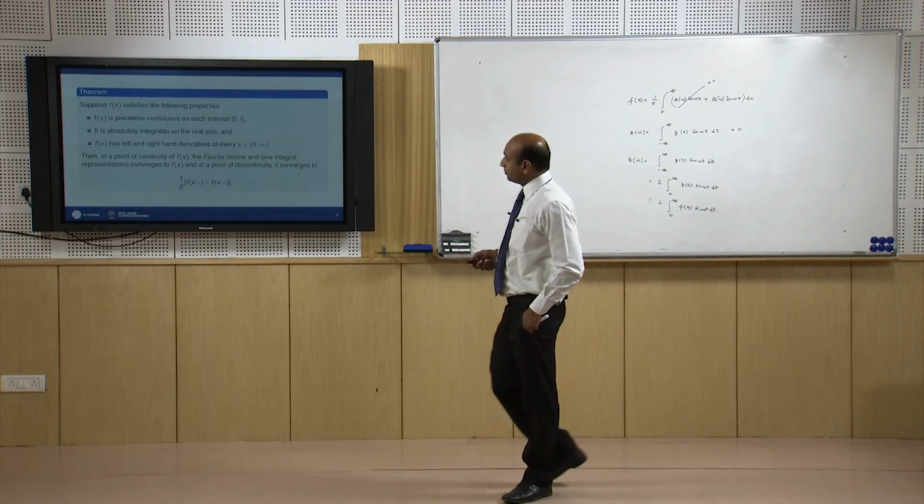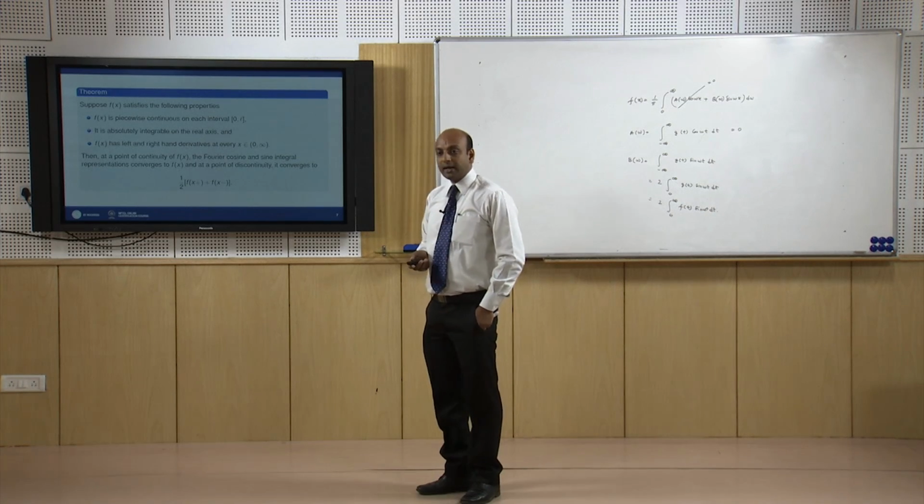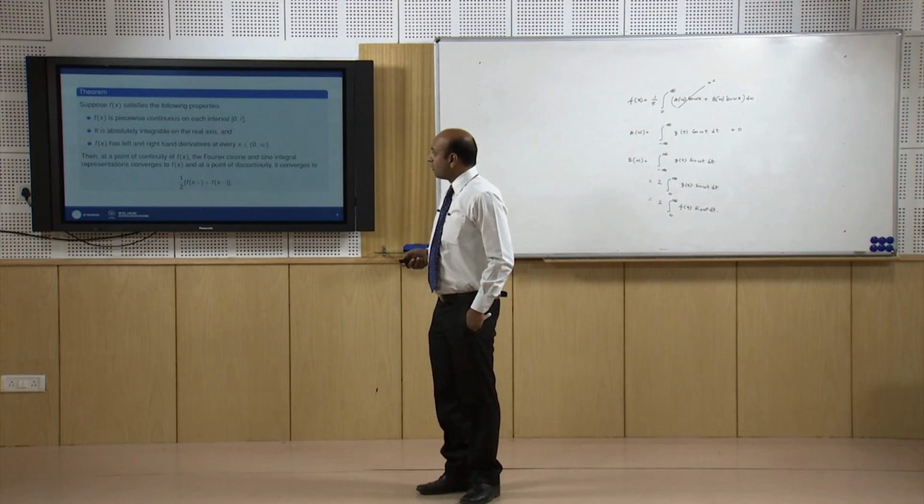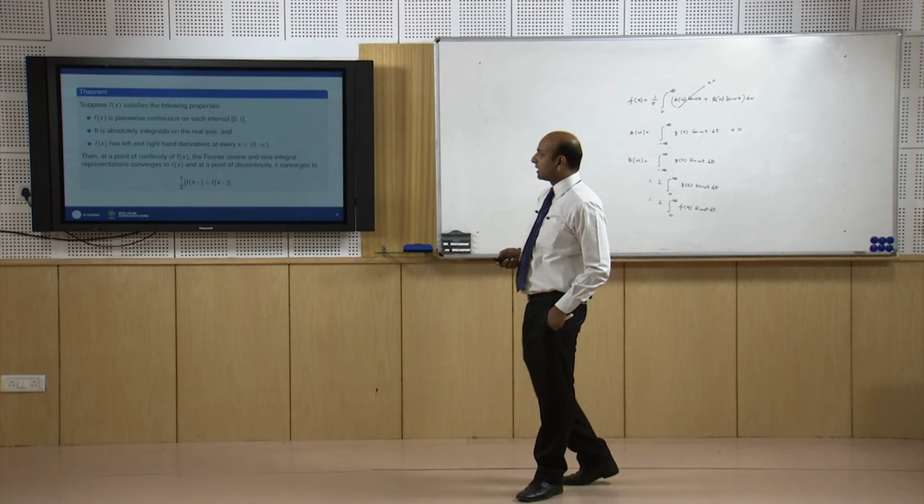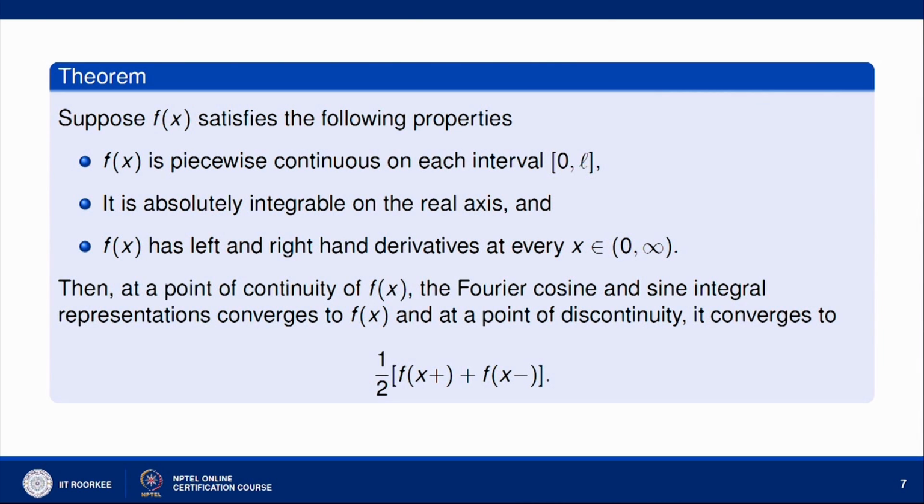Now again, as we did in the Fourier integral representation, we assume the function is piecewise continuous on the interval 0 to L. It is absolutely convergent on the real axis. The function has left and right hand derivatives at each x belonging to 0 to infinity.